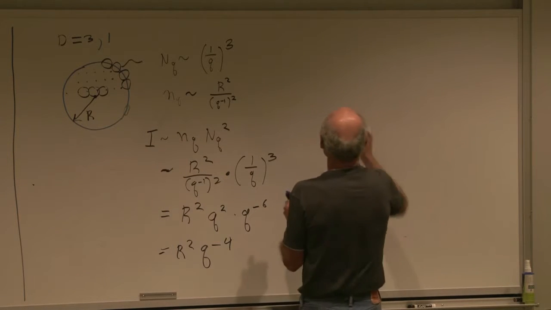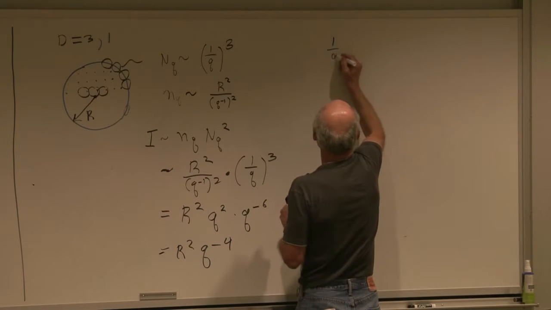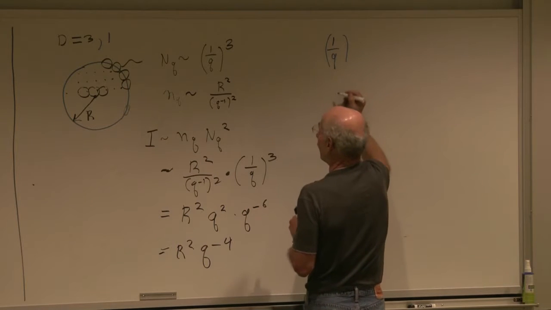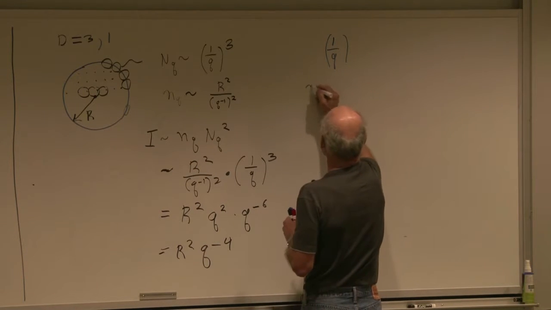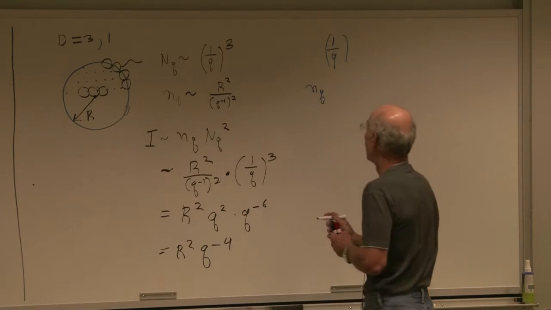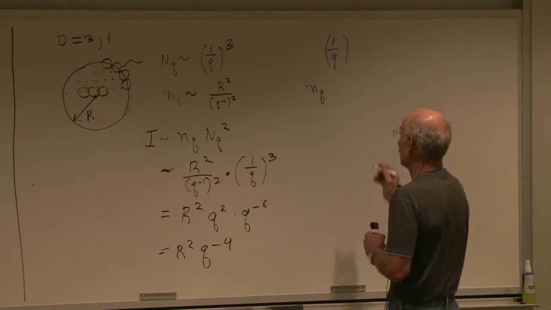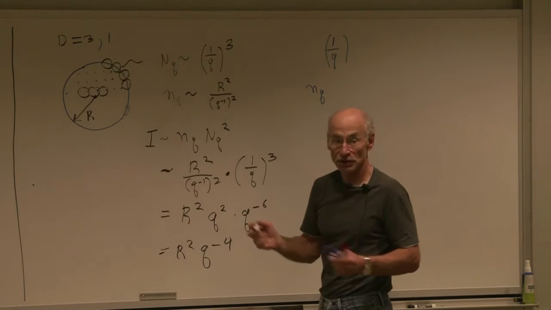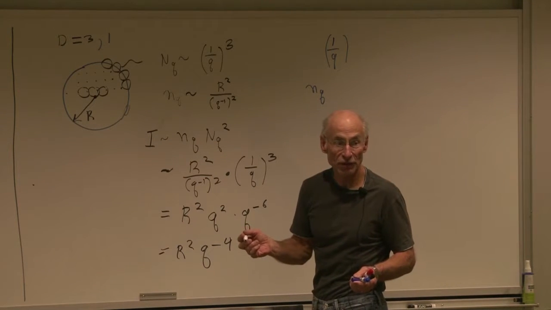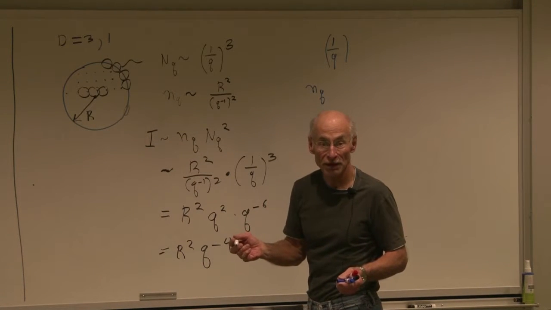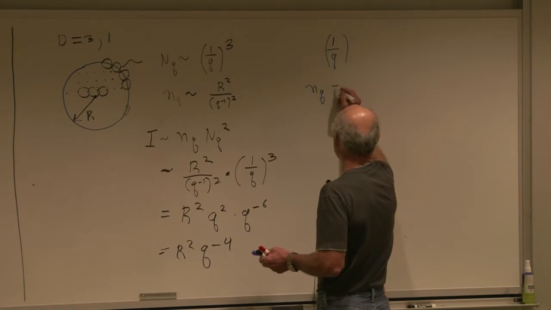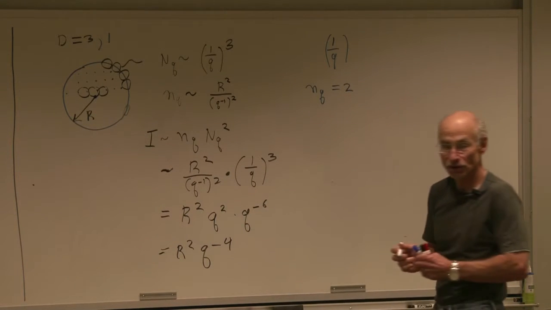How many of these would there be? On a slit, there's only 2. It doesn't scale with the length, right? There's only 2. Notice there's no scale.